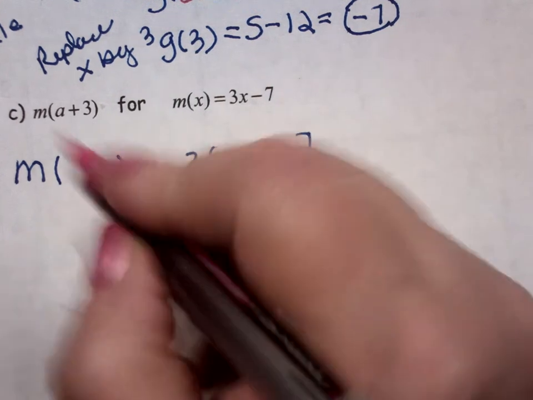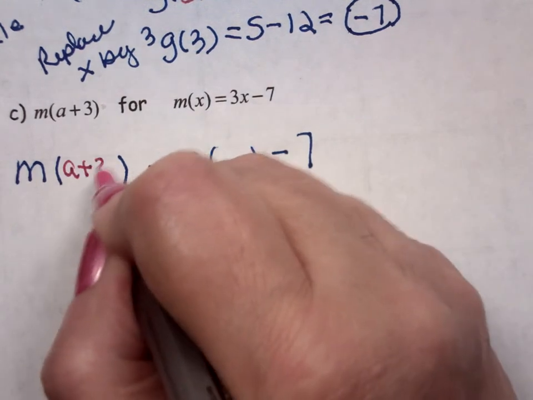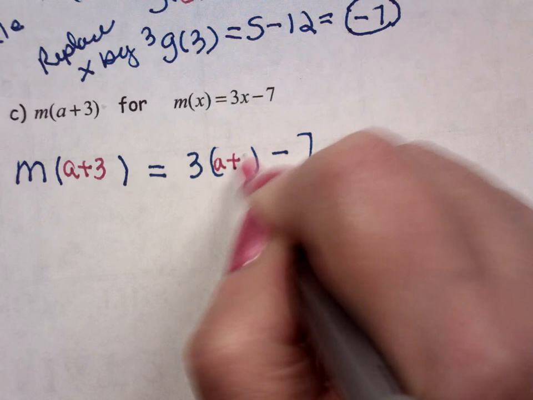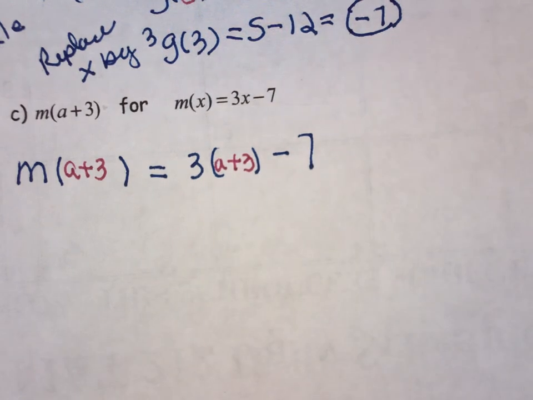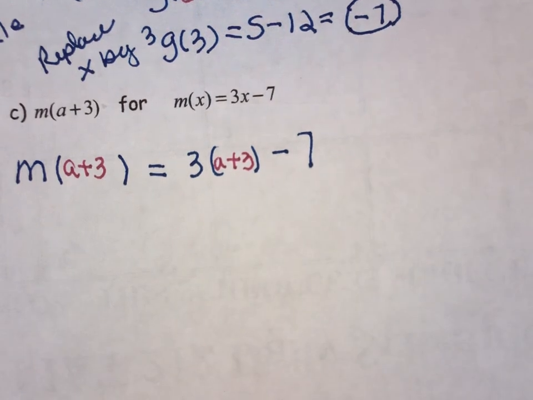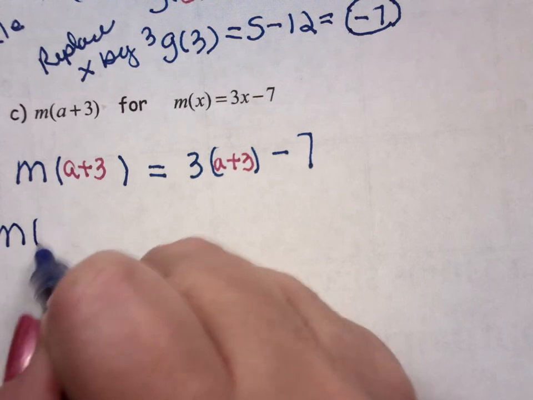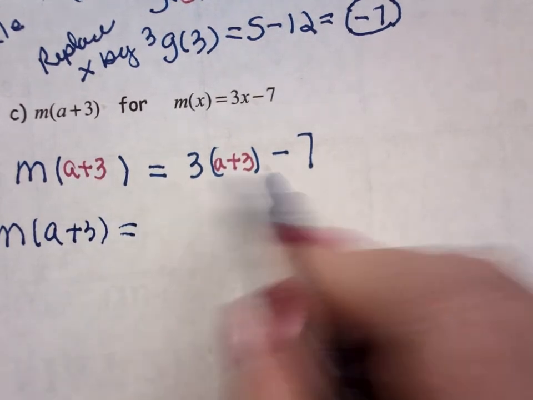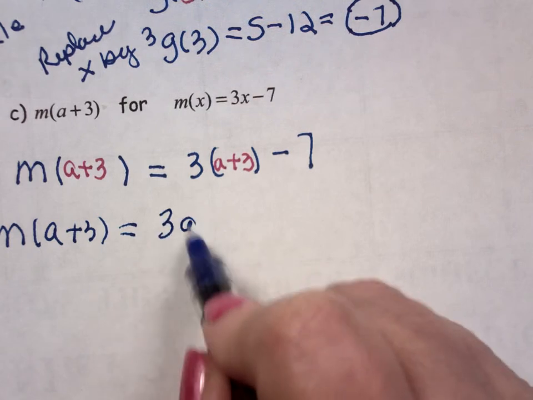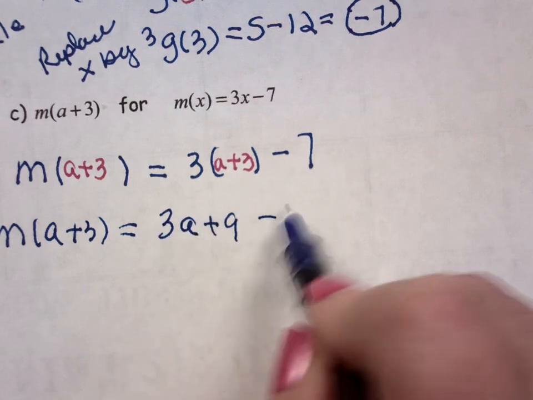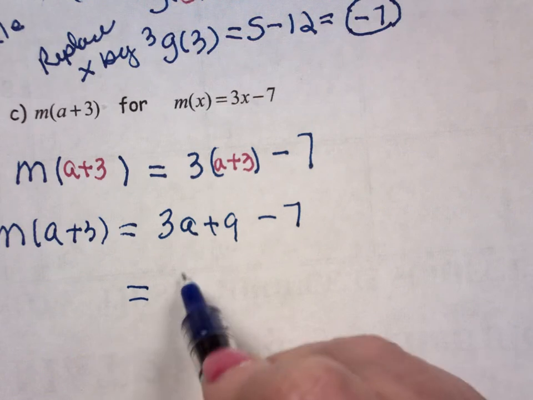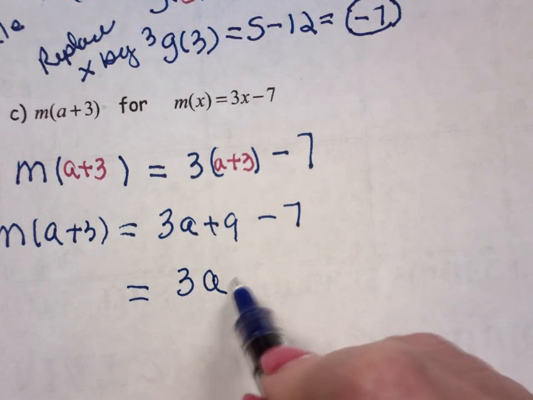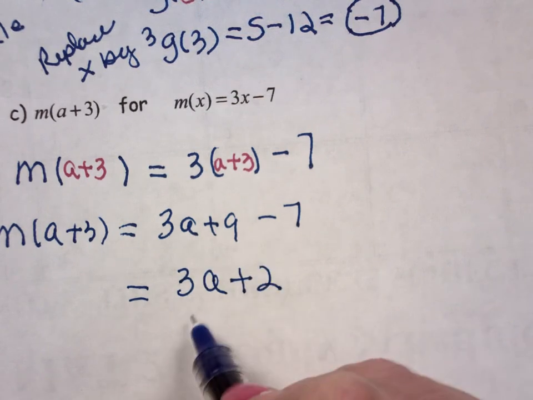And in this case, I'm going to put in a plus 3. So that m of a plus 3 is, multiply out, 3a plus 9 minus 7, or 3a plus 2.